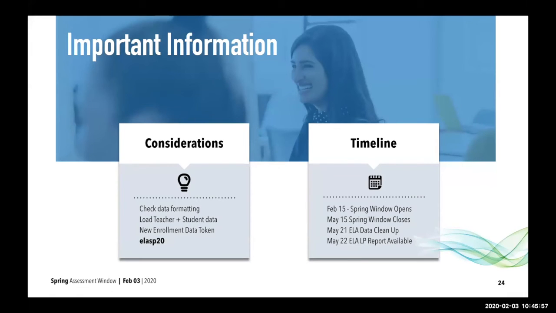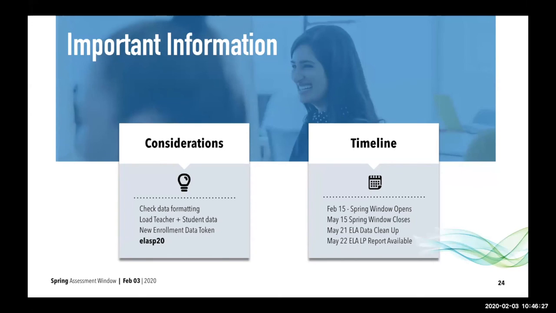And then here are some important pieces for you to remember and to think about. So again, want to make sure that you're checking and ensuring that all the data is formatted correctly. Encourage you to load your teachers and load your student data first, and then do the enrollments with the new data token, which is listed there. ELA SP20 is the token for this window.